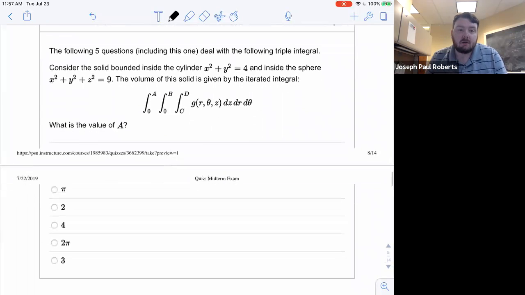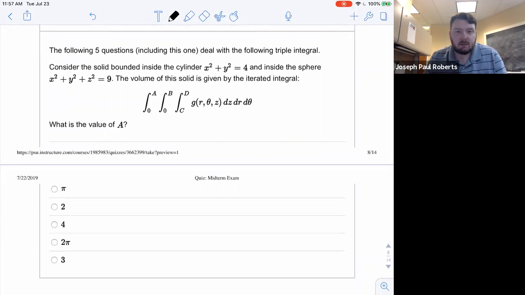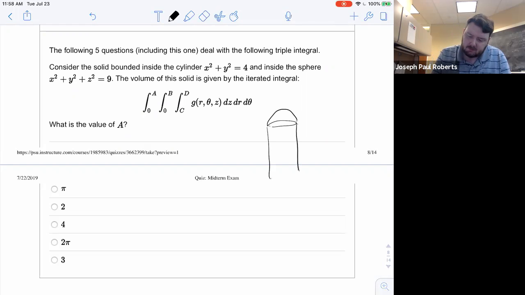Inside a cylinder and inside a sphere. So, I don't know, it's going to look something like this. Let me see, that doesn't look very spherical.